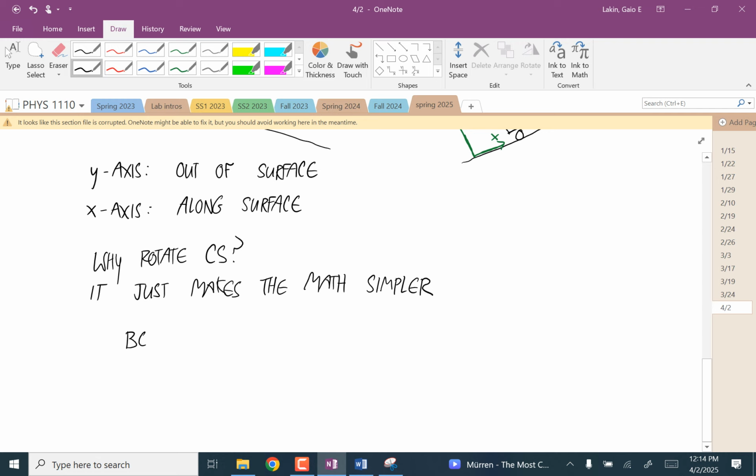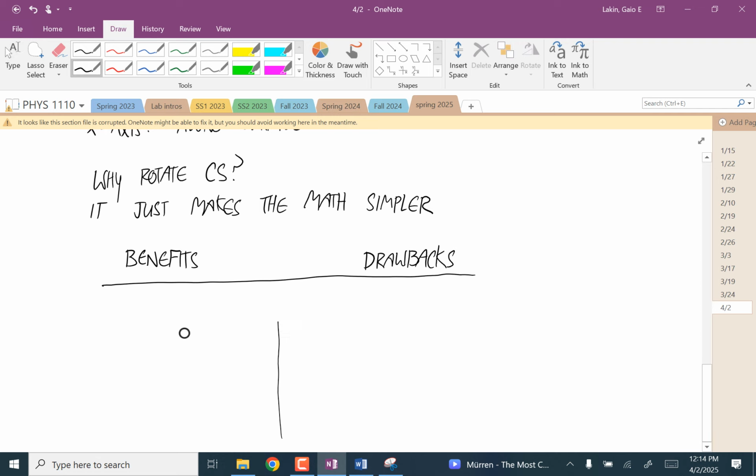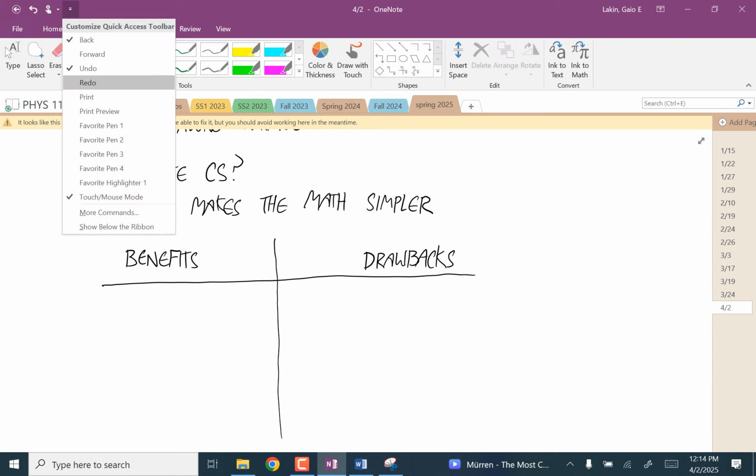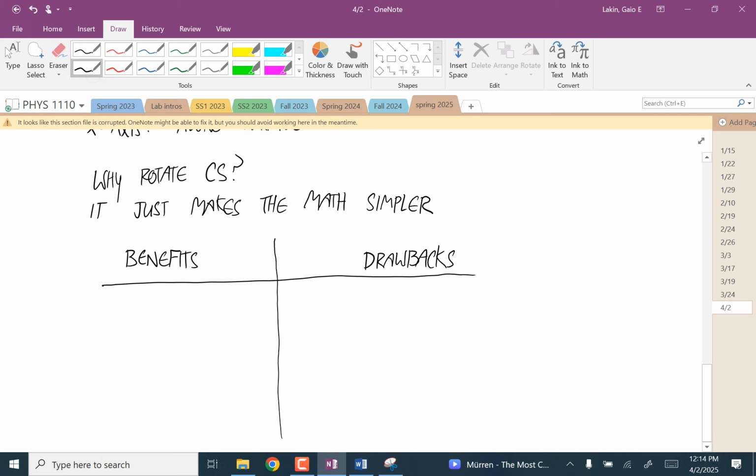Let's say over here, I'll put the benefits, and over here, I'll put the drawbacks. I'm going to go through the different kinds of vectors that we have to deal with in this sort of problem. So first, there's going to be an acceleration.